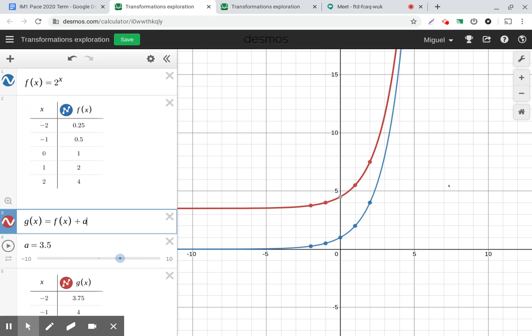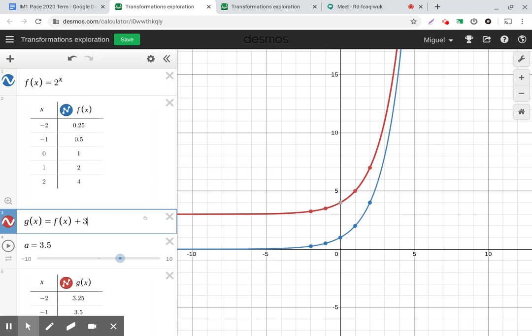I want it to go to the right 3 slots. So you're going to have to put a 3 somewhere in the G. Maybe inside of it. Maybe outside of it. Maybe a -3. Maybe a +3.